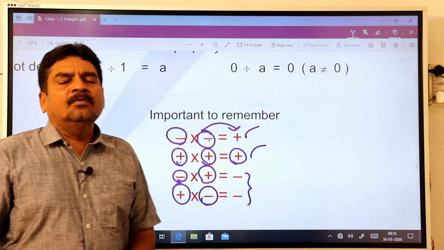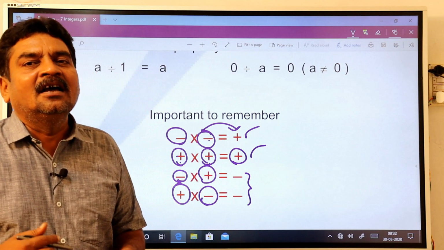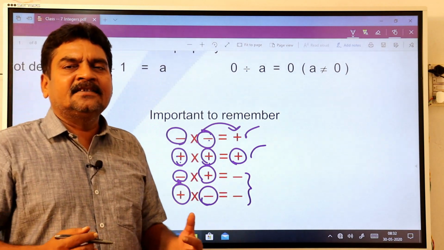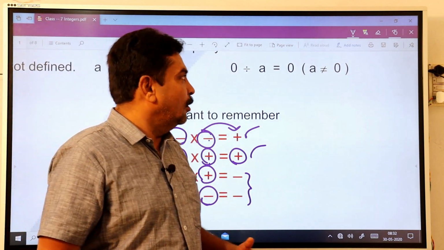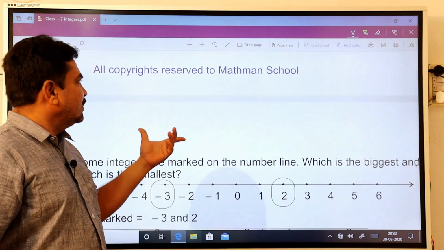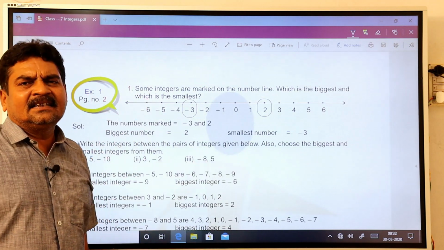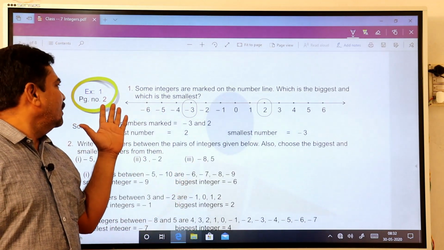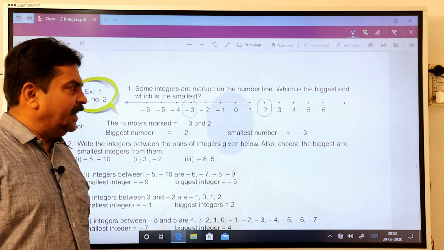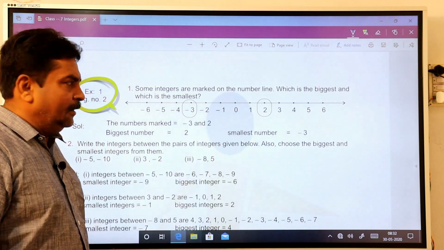Let us now represent the numbers, especially integers, on a number line. That is what our chapter is all about. Let us go with this now. This is actually exercise 1, page number 2. Okay, this is your number line.